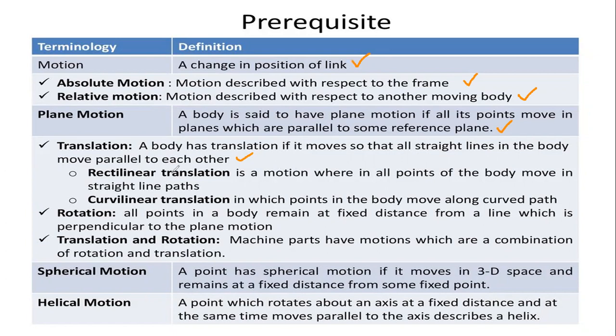Next one, this translatory motion can be divided into two types. First one is the rectilinear translation. Second one is the curvilinear translation.